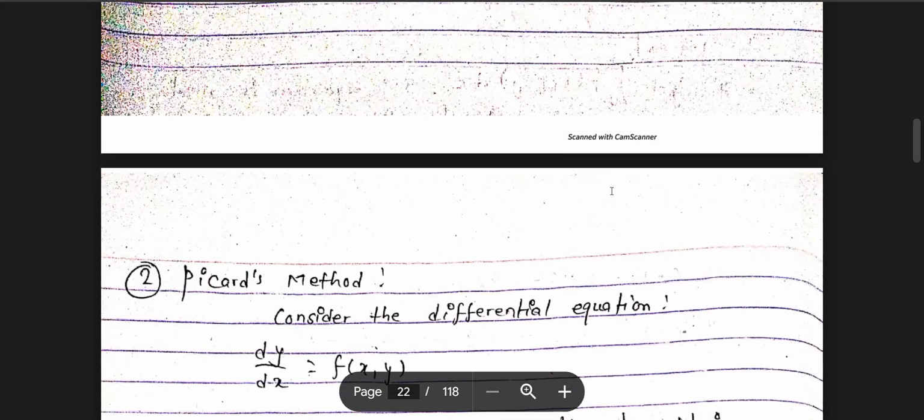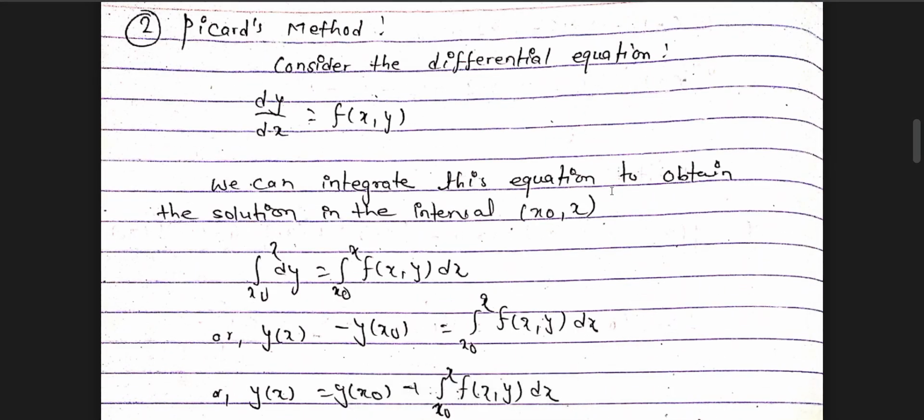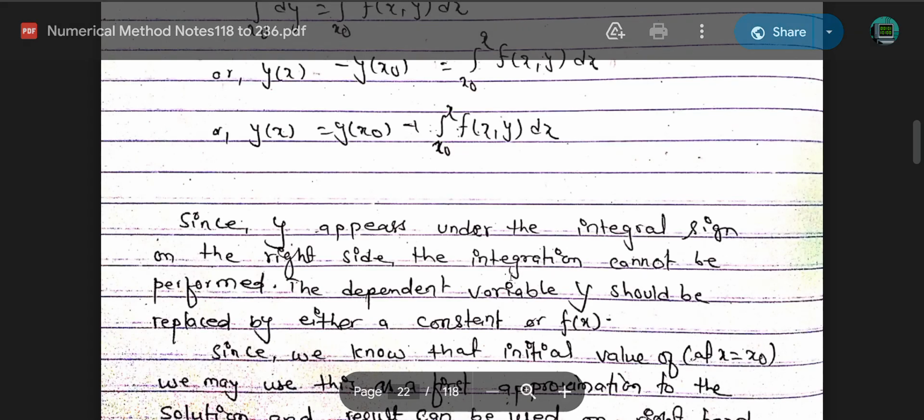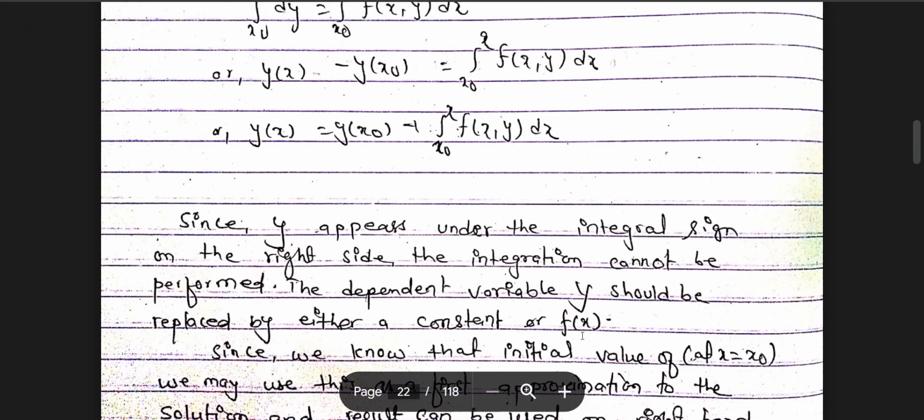Picard method: considering the differential equation dy/dx equals f(x,y), we can integrate this equation to obtain the solution over the interval x0 to x, y minus y0 equals the integral of f(x,y) dx. Since y appears under the integral sign on the right side, the integration cannot be performed, so the dependent variable y should be replaced by either a constant or a function of x.